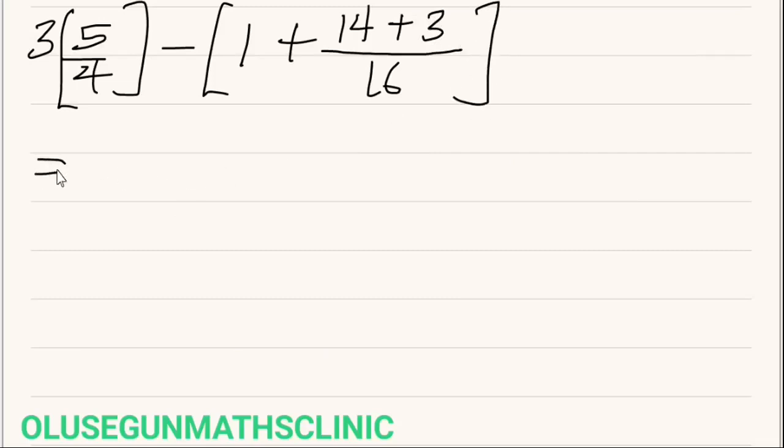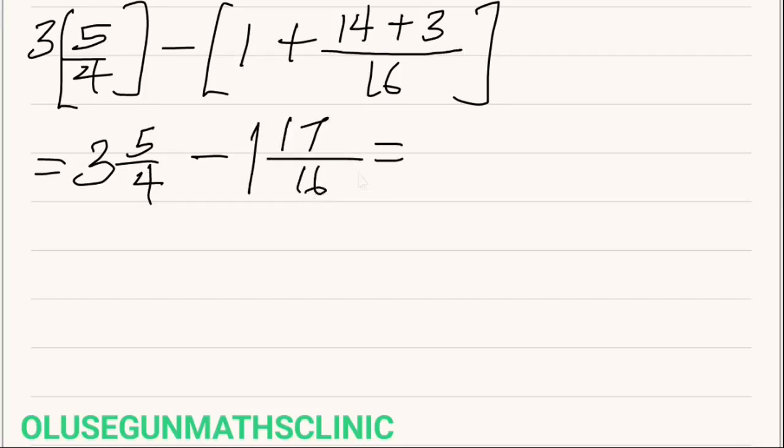Here we have a 3 whole number 5 over 4 now minus, so by the time we add this and this together, we have 17. 1 plus 17 will give us 1 whole number 17 over 16.